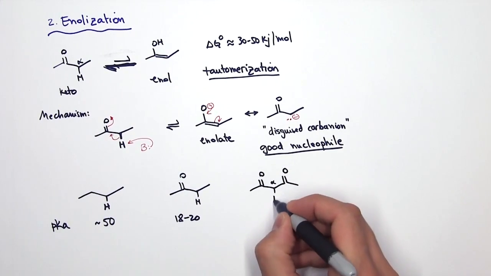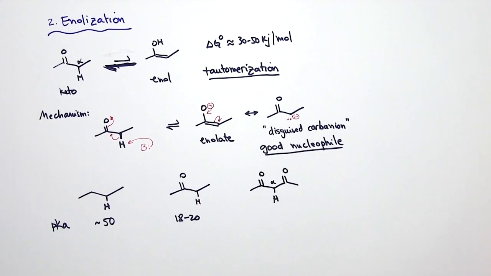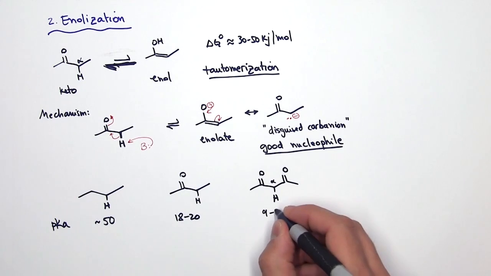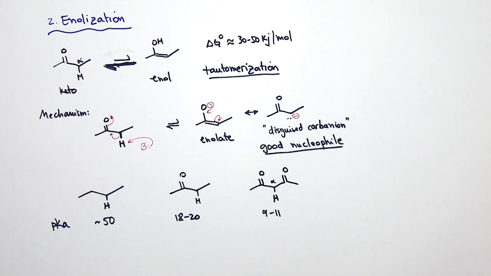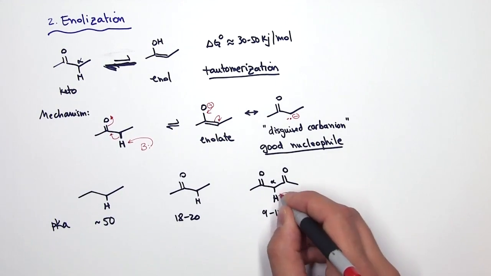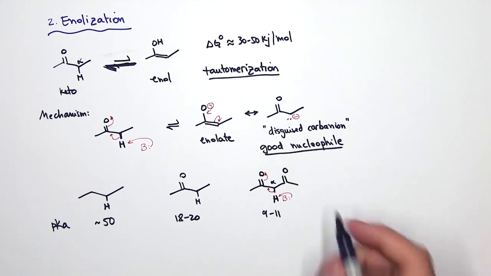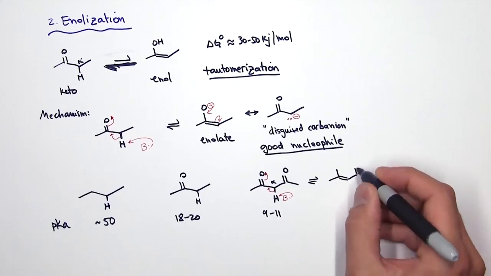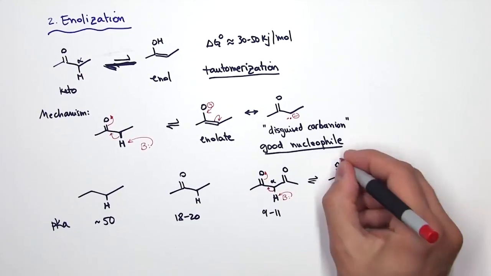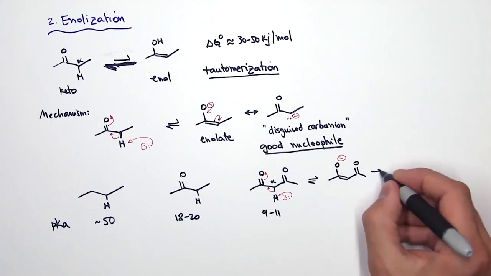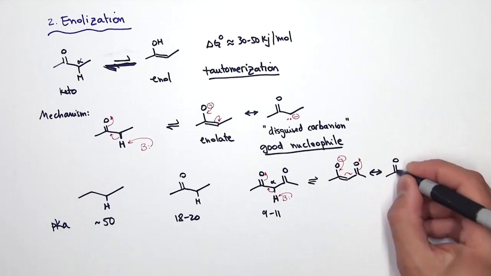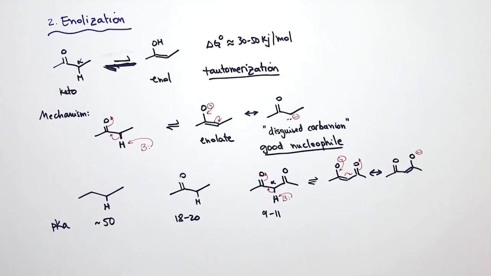alpha to the same proton, the pKa drops even further, around 9 to 11. This is because we can draw even more resonance structures for the enolate that's formed. This is one. This is another.